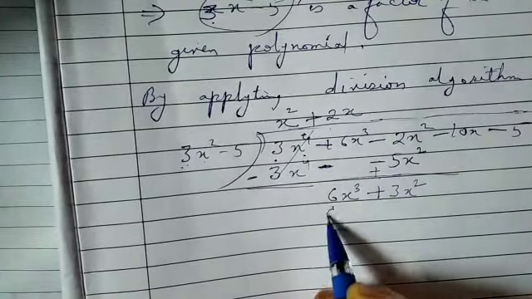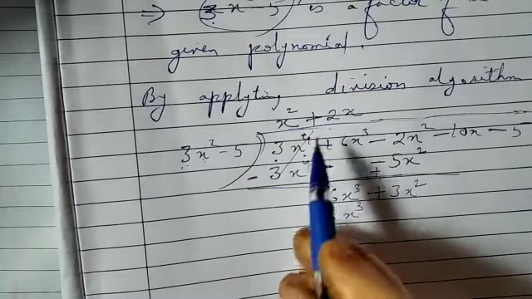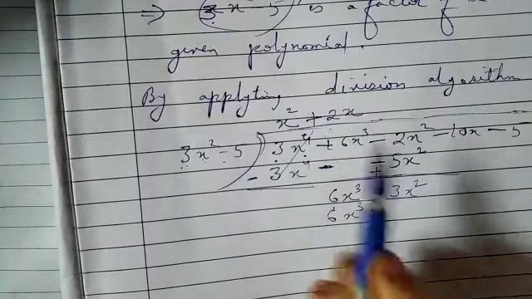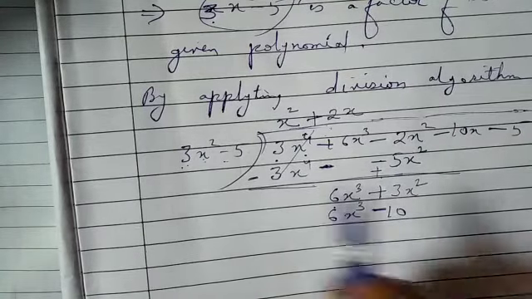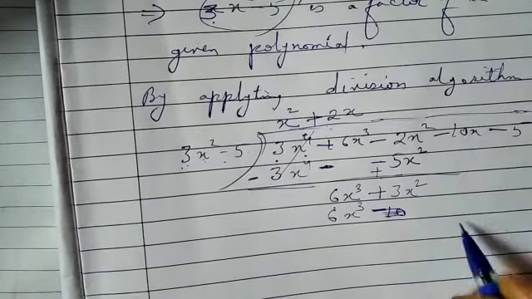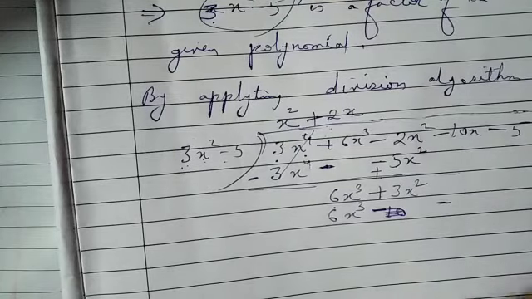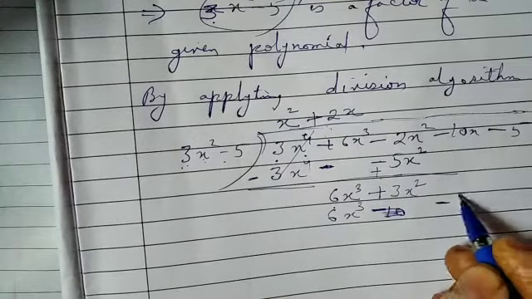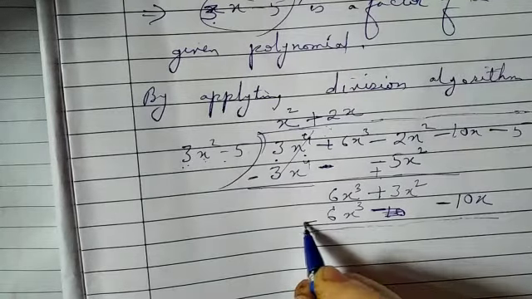Then 2 into 3 is 6, and x square into x is x cube, and plus minus minus, and 2 into 5 is 10, so write minus 10x in front of the x terms. Subtract it.